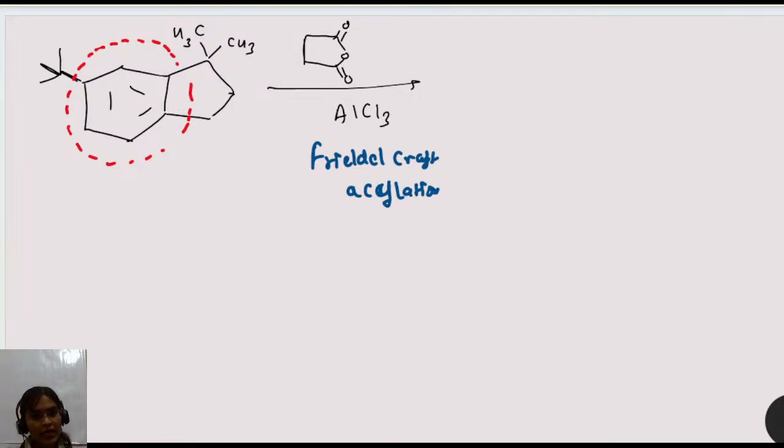So let me just quickly highlight all the substituents on the benzene ring. All the substituents present on the benzene ring: the point number one, this yellow, and then blue, and then this pink one. So according to you, which one do we have to select for deciding the position here? Anyone?